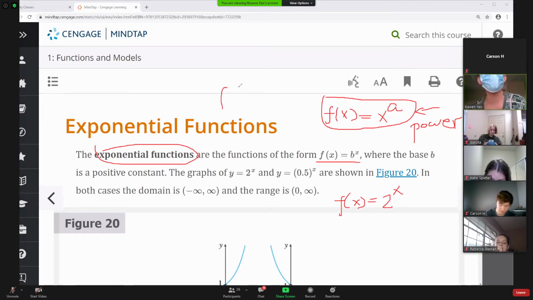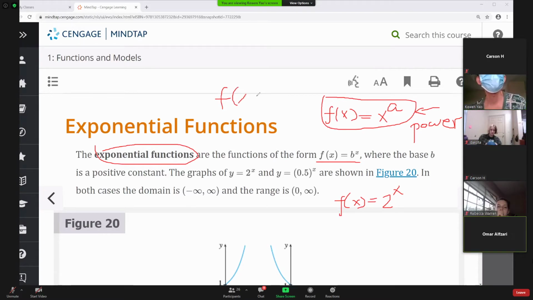X squared is a power function, and 2 to the x is an exponential function. They are totally different. Don't get them confused. In a power function, x is the variable and the exponent is a fixed number.